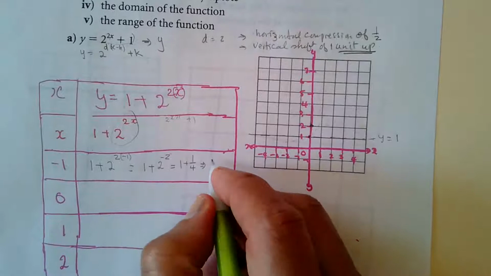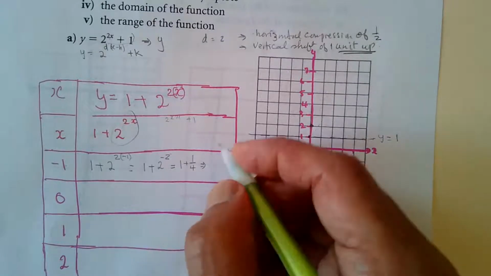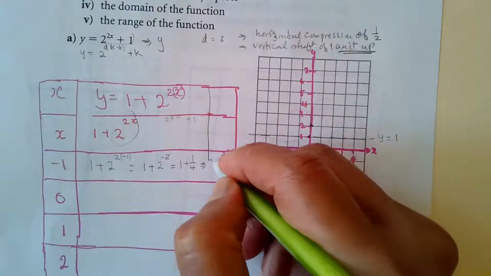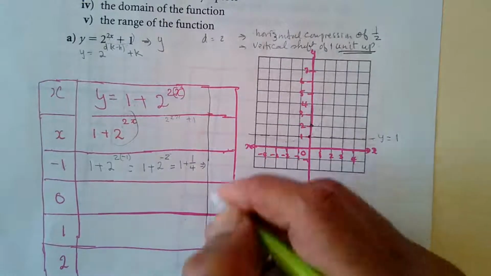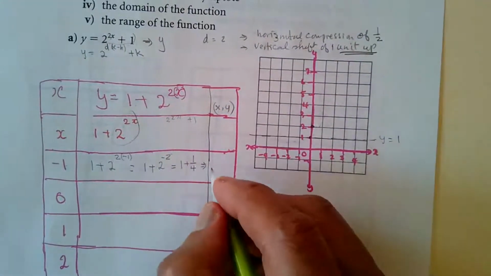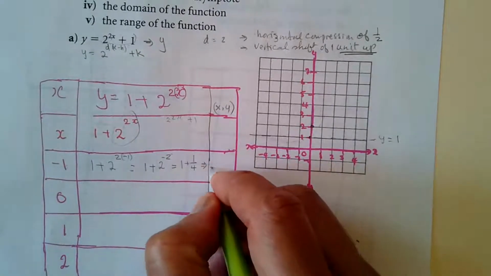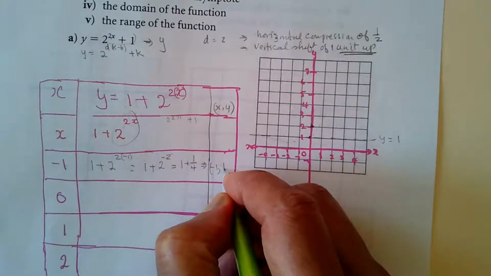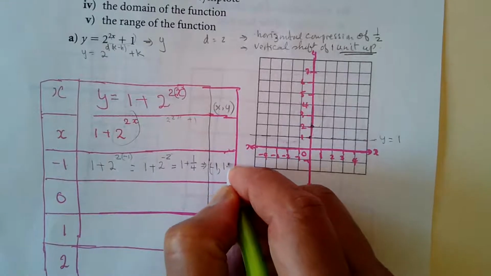So my coordinates would be, now if I were to put a line through here, so this is my new x and y for my transform function, would be negative 1, 1.25.